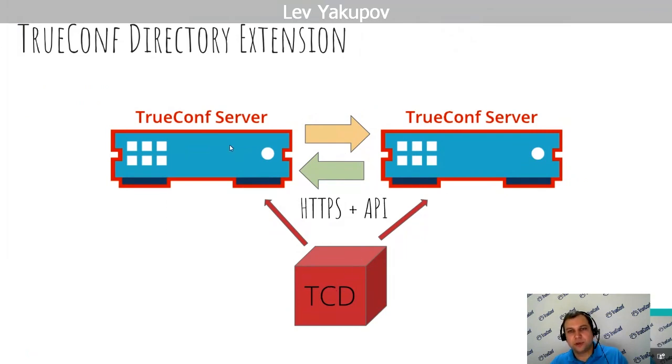So if your servers are located inside your VPN, all communications can additionally be encrypted inside your VPN with some VPN gateways. So it's pretty safe. And you also control which servers can exchange information between each other.